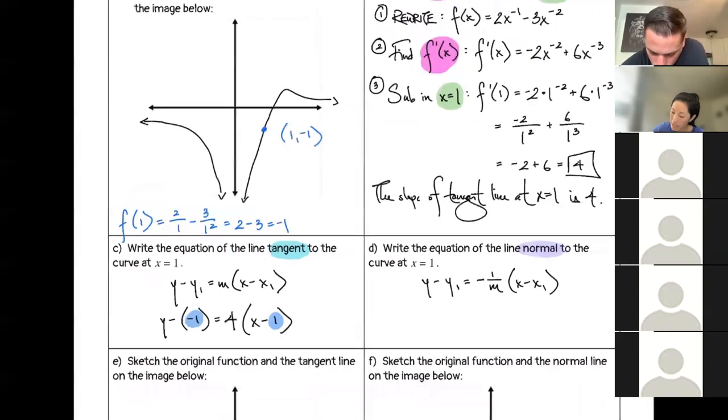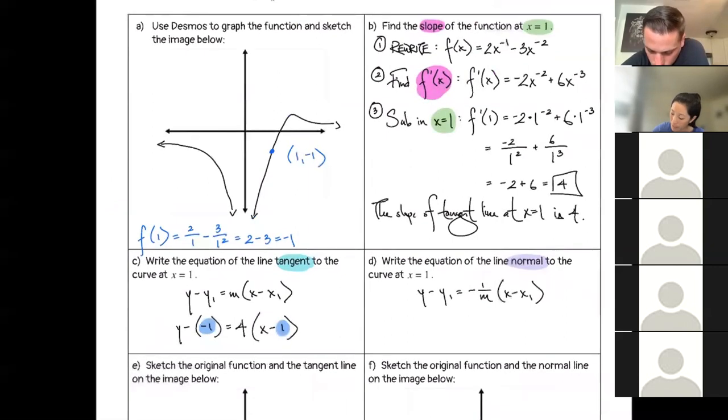Okay. If you leave it like this, that's fine. If the one simplification you do is turn that left-hand side into y + 1, that is also fine. But don't do anything else, just leave it like this so that you make your job much easier to write that normal line equation, okay?